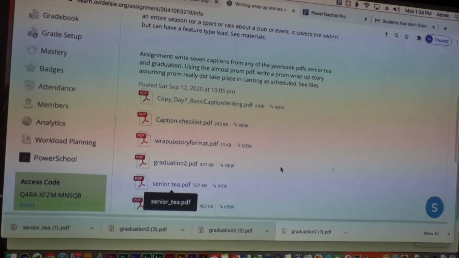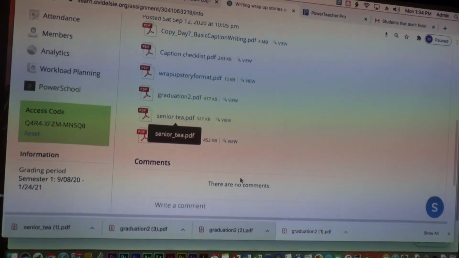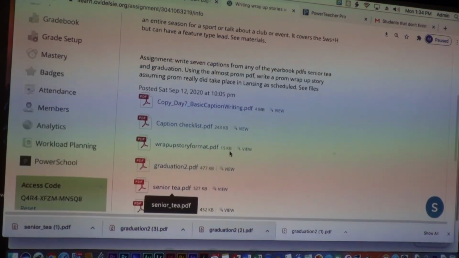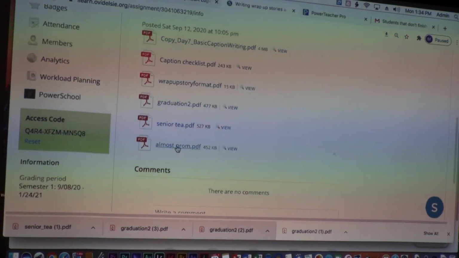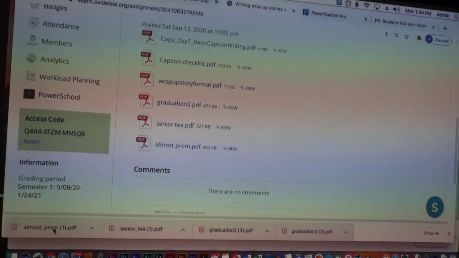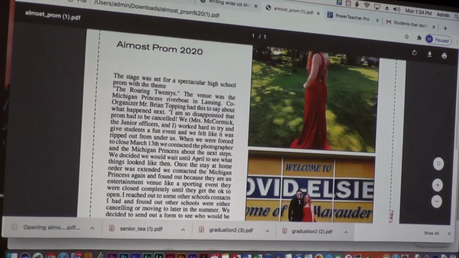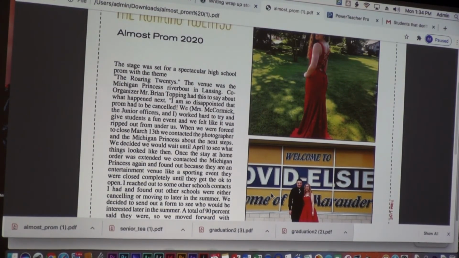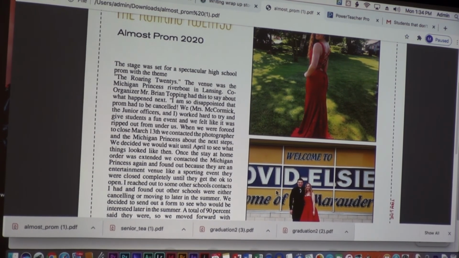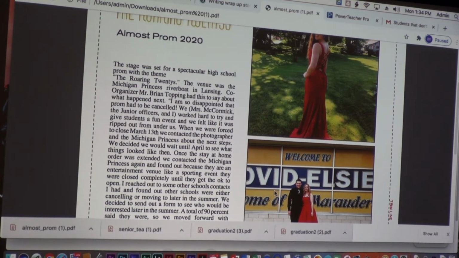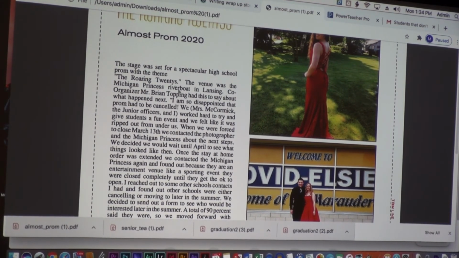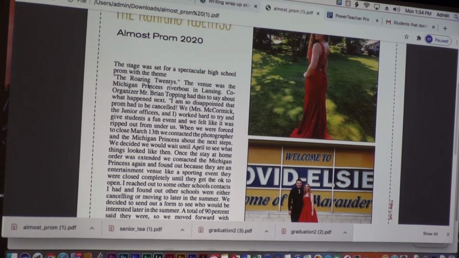All right. Secondly, I want you to write a wrap-up story. I'm giving you most of the information. It's from the Almost Prom page. Here's the twist. You're going to have to make up some stuff. I want you to presume prom actually happened. So instead of almost prom, we had prom. So here's the story. This is my wrap-up. I wrote this.